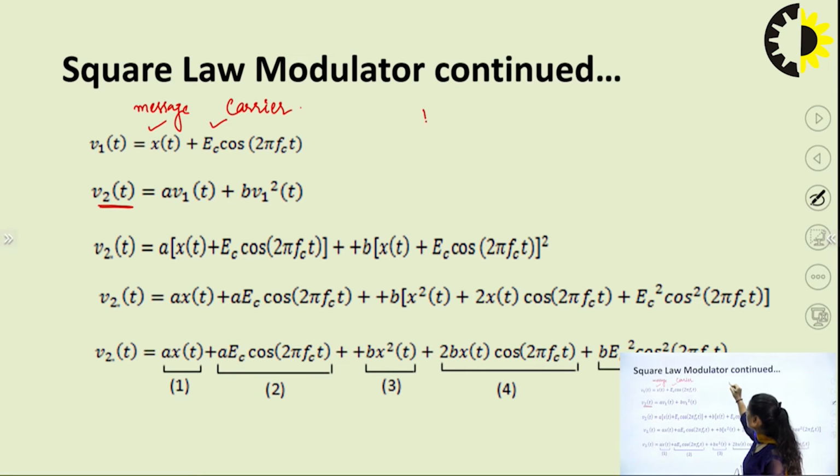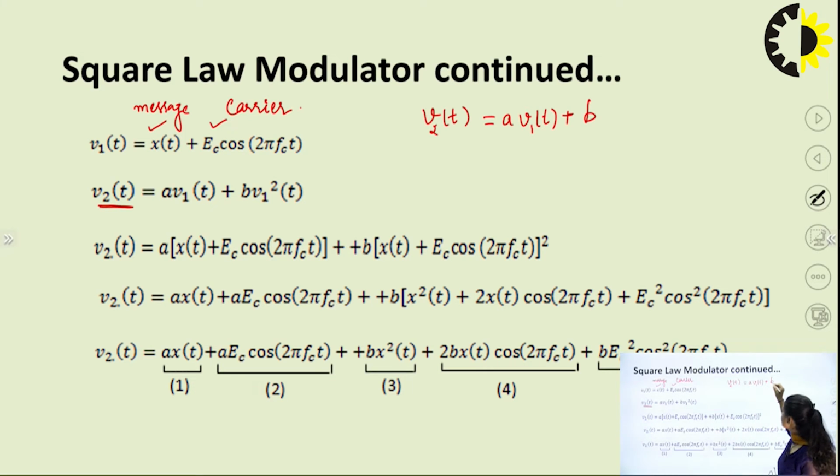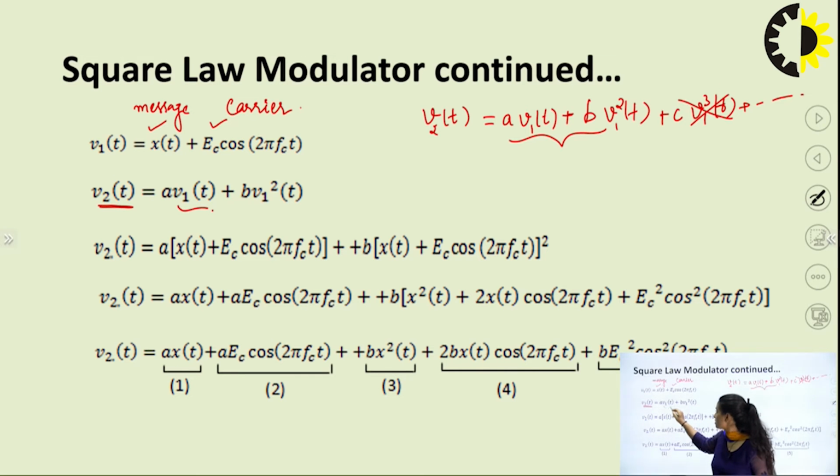My V2 has a relation with V1 as some constant multiplied by V1 plus another constant multiplied by the square of my V1. Then we can extend up to a third constant and V1 cube, but we reject these higher frequency terms, right? And we focus on these two terms only. These two terms are taken here, these are my constants, right?